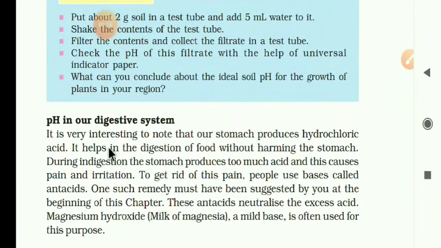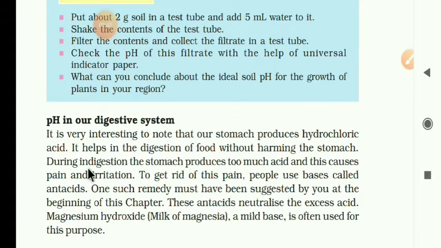Now, the third one, the importance of pH in our digestive system. It is very interesting to note that our stomach produces hydrochloric acid, HCl. It helps in the digestion of food without harming the stomach. So this HCl will not harm the stomach.